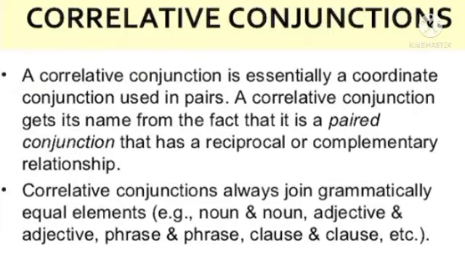So a correlative conjunction is essentially a coordinating conjunction used in pairs. So in correlative conjunction there will be two words and they are connected with each other.